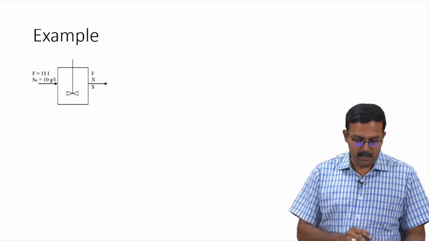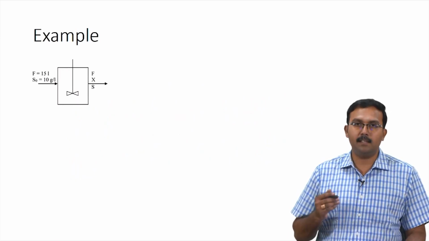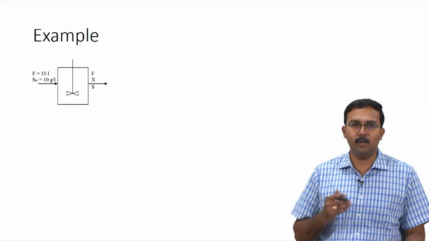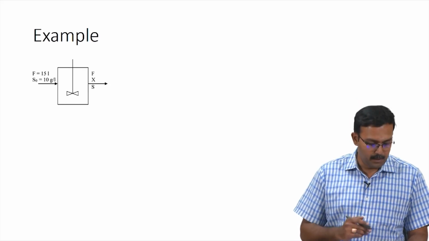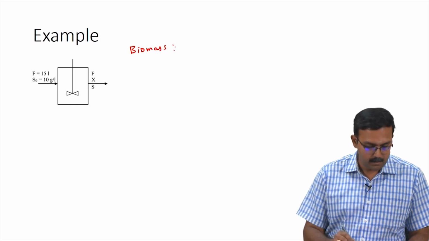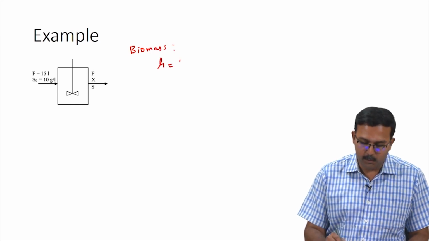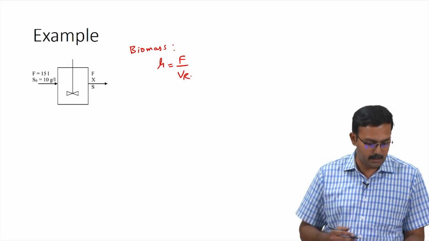So, we will first start with option 1. As we have been told that the system is operating at steady state and you have a sterile feed which does not contain any of the bacteria, we would have the biomass balance or the cell balance simplified to the equation mu equals F by Vr. This is based on the derivation which we did earlier.